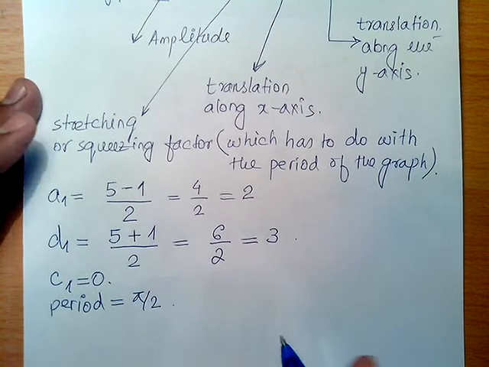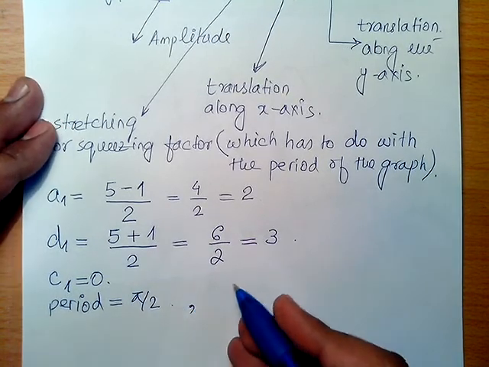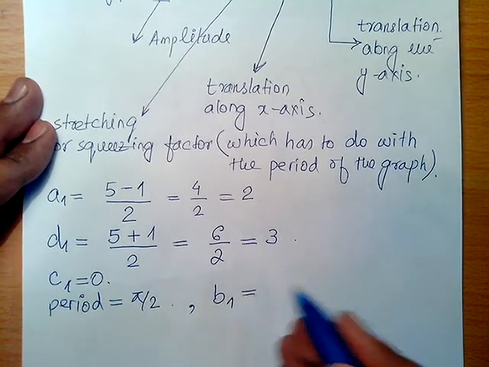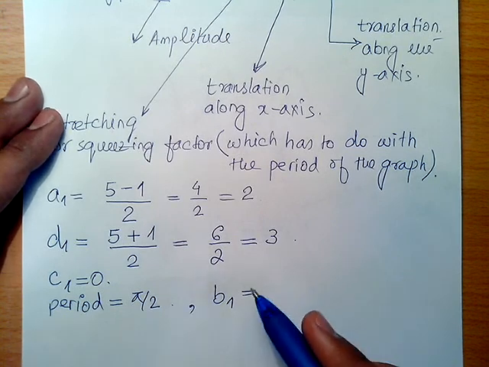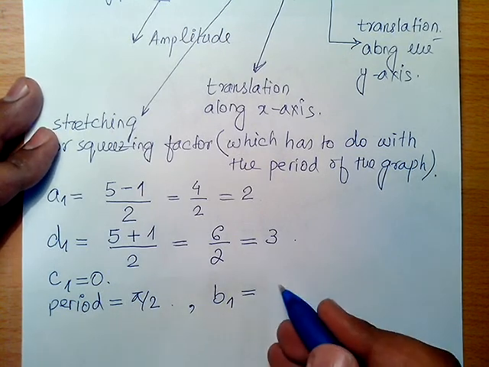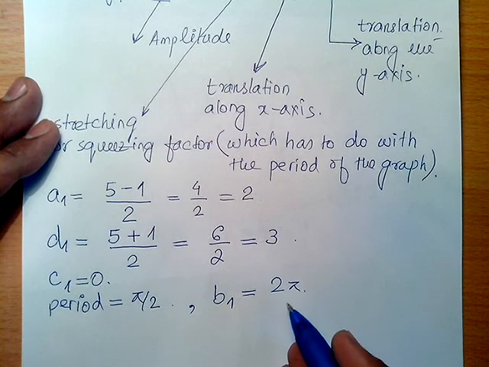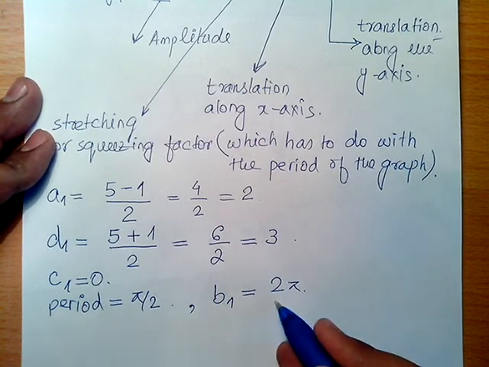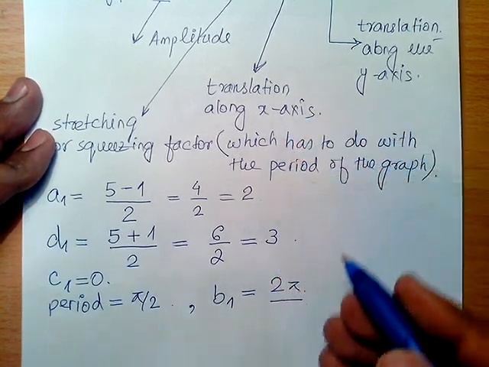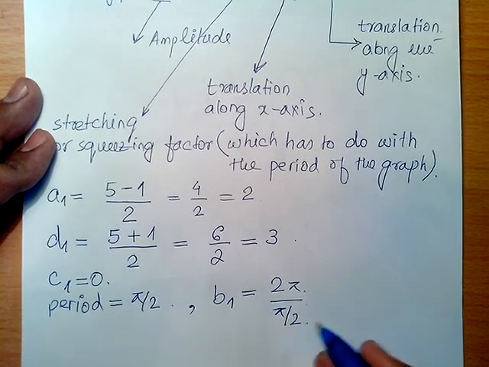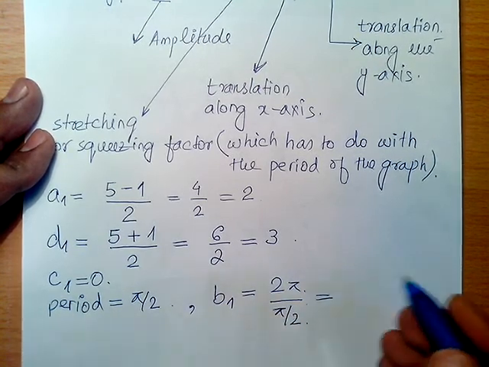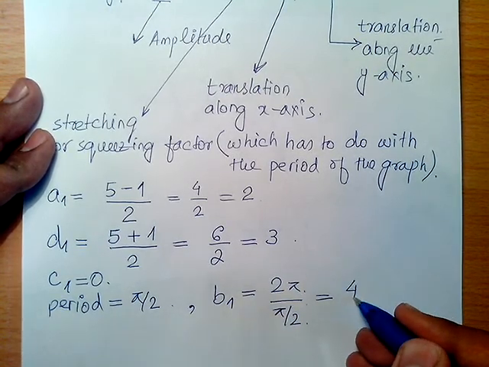To find b1, we know the period of the normal sine function is 2 pi. We divide 2 pi by the period of this given graph, which is pi by 2. If we simplify this, at the end of the day we are left with 4.